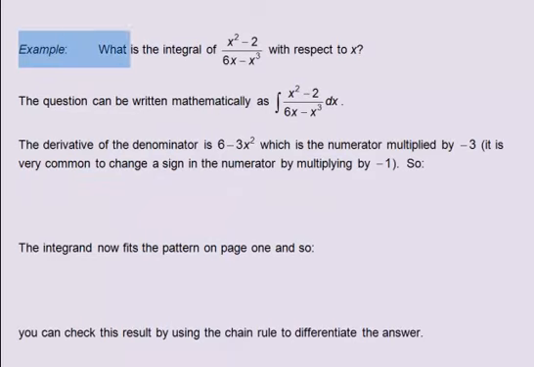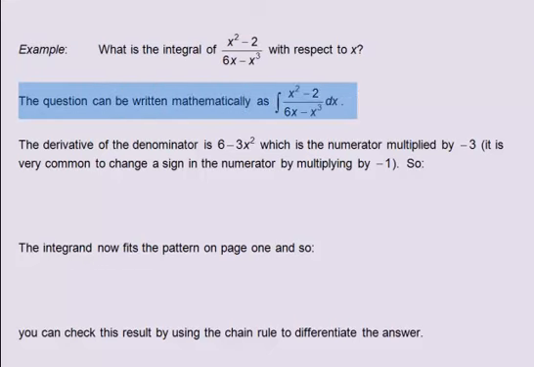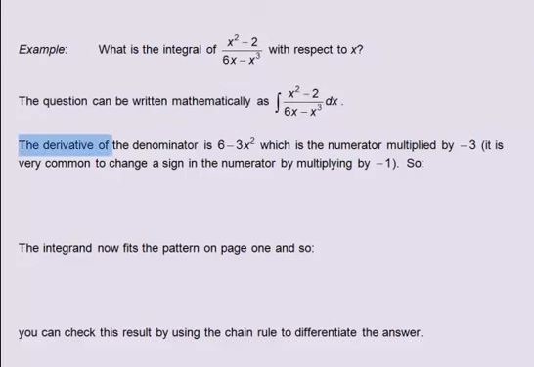Example: what is the integral of x squared minus 2 divided by 6x minus x cubed with respect to x? The question can be written mathematically as the integral of x squared minus 2 divided by 6x minus x cubed dx. The derivative of the denominator is 6 minus 3x squared, which is the numerator multiplied by minus 3.